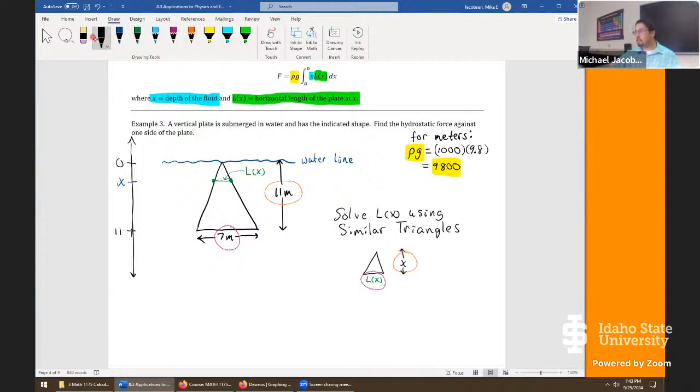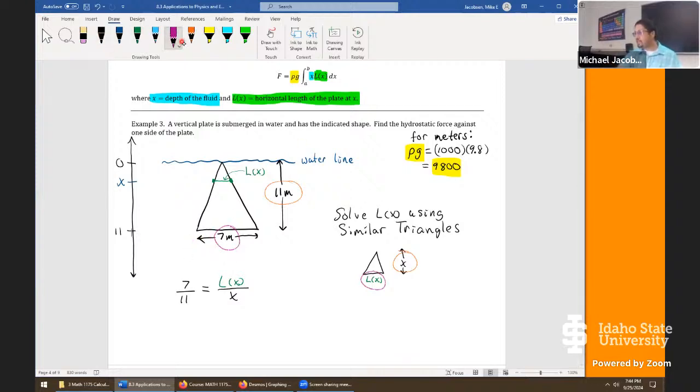So the proportion of the base, 7, to the height, 11, these are in meters, but they cancel out in units, is proportional to, we need to do this in the same order. So we put the base in the numerator coming from here. We need to take this base and put it in the numerator for our next proportion, L of x, divided by the height again, x.